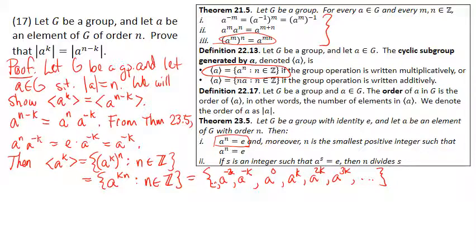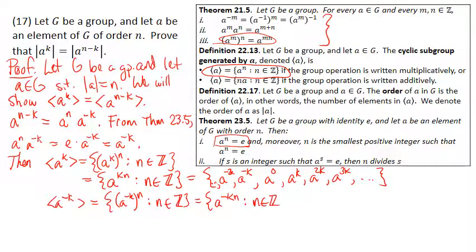Okay, and now I hope you see this is actually going to give us exactly the same thing when we do negative k. So this is going to be a to the negative k to the n. And then we're going to get a to the negative kn. And then if we write that out in a long list, we get exactly the same thing.